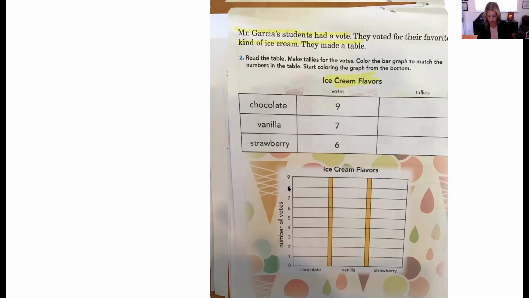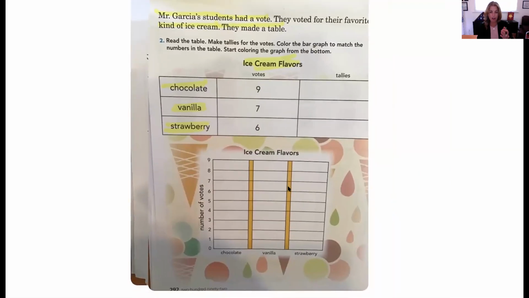So what are the names of the flavors? Chocolate, vanilla, and strawberry, okay? So the students voted on chocolate, vanilla, or strawberry. Okay, so he used this table, but we've got to make a bar graph on the bottom.